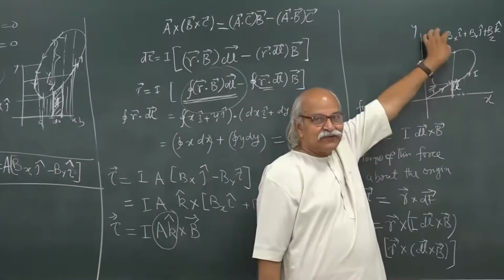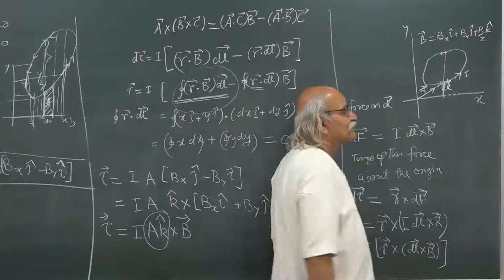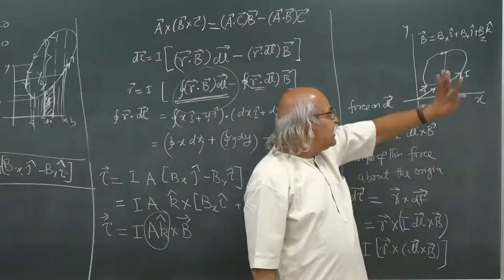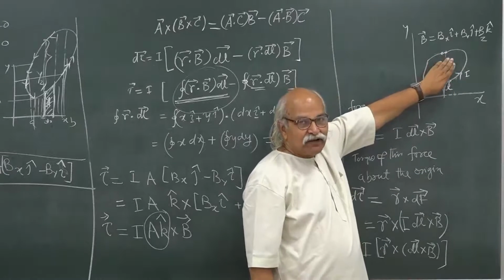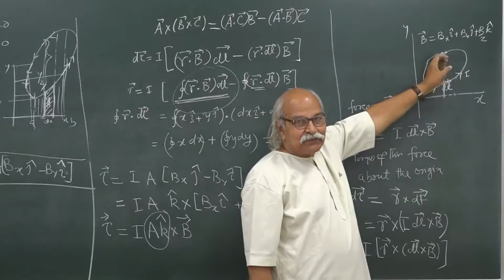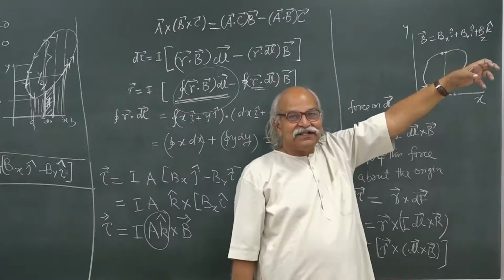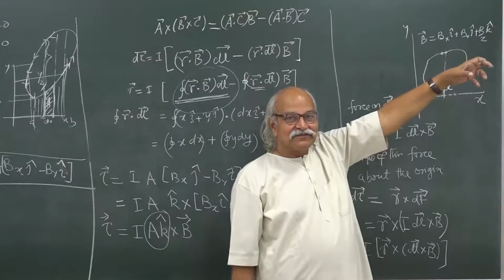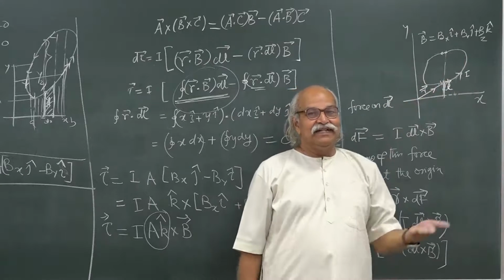And this A k cap, remember this loop is in the xy plane and there is an arrow, this arrow. So if I take the magnitude of area from here and then put a unit vector in the perpendicular direction, you know this is called the area vector, right? Area vector corresponding to any given area.